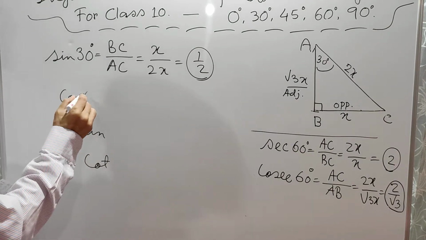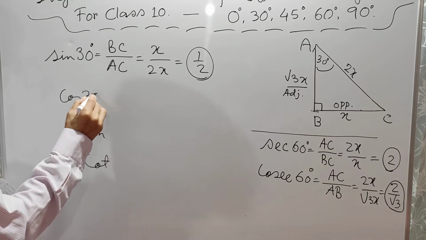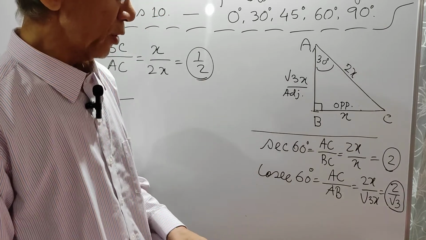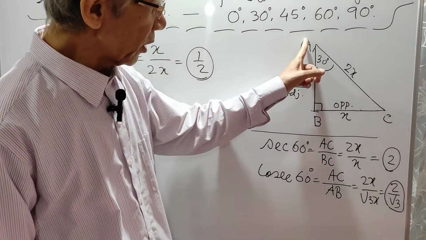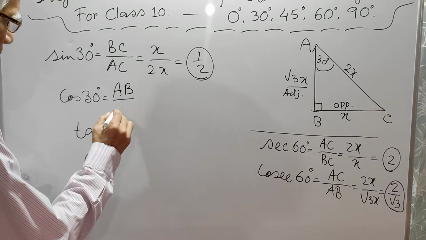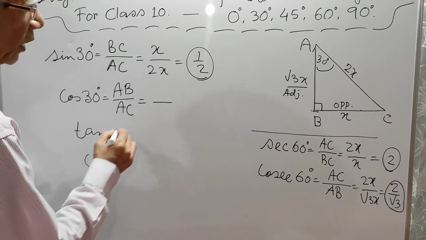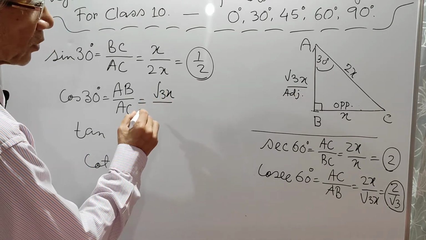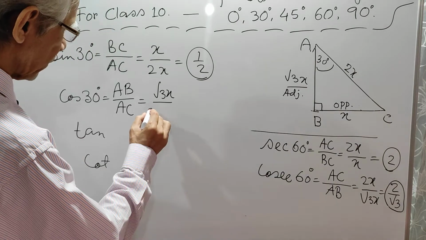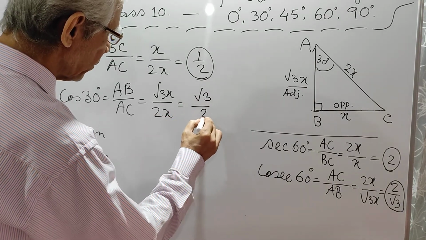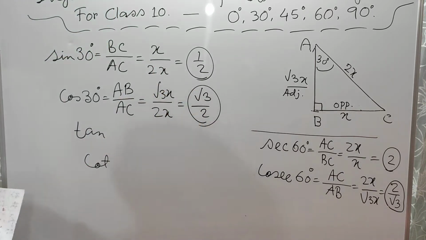Now coming to next, cos 30 degree. Cos is adjacent by hypotenuse. Adjacent means AB, hypotenuse is AC. So AB by AC. AB is root 3x and AC is twice x. So x cancels, root 3 by 2. This is the value of cos of 30 degree.